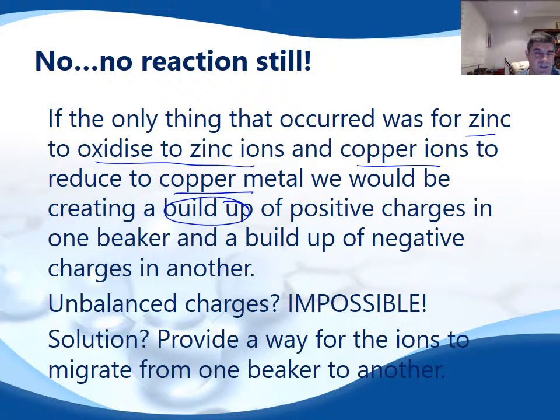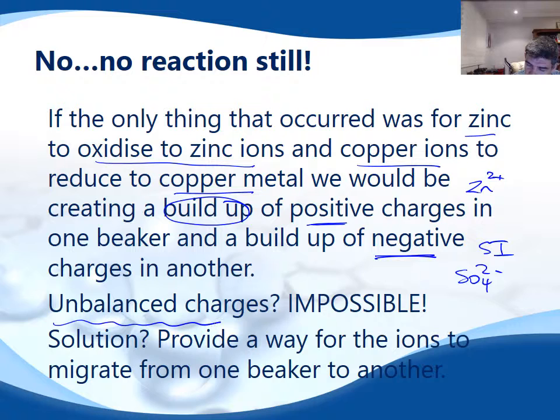Of course, because there's no reaction, this won't happen if they're not connected. This is kind of a theoretical discussion here, but effectively what would happen is we get a buildup of positive charge of lots and lots of zinc ions in the beaker that was on the left, and an excess of the spectator ions, which was the sulfate ions in this case, in the beaker on the right, because the copper ions are disappearing.